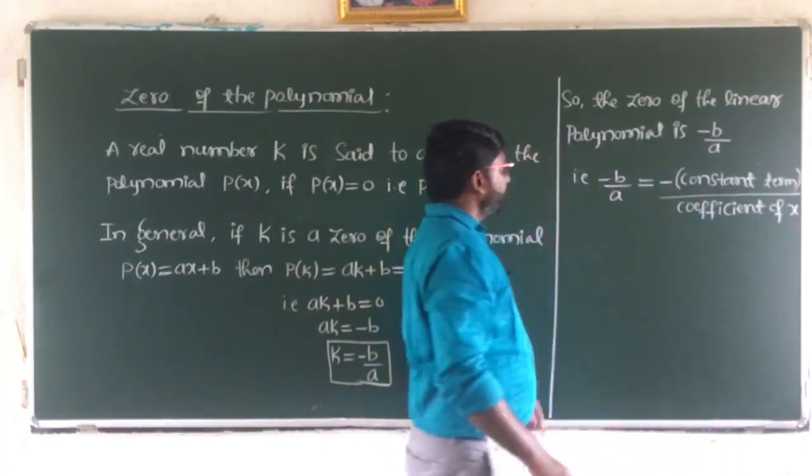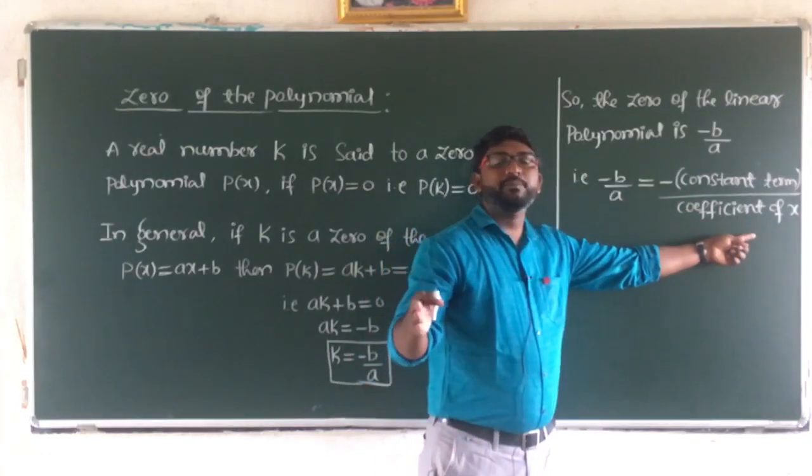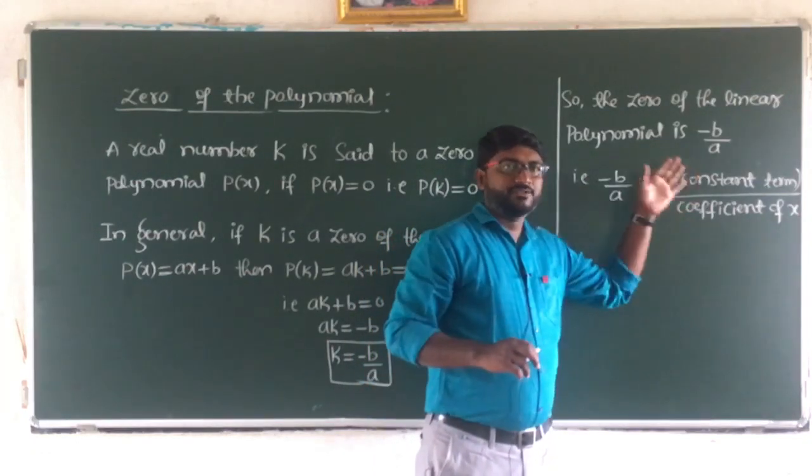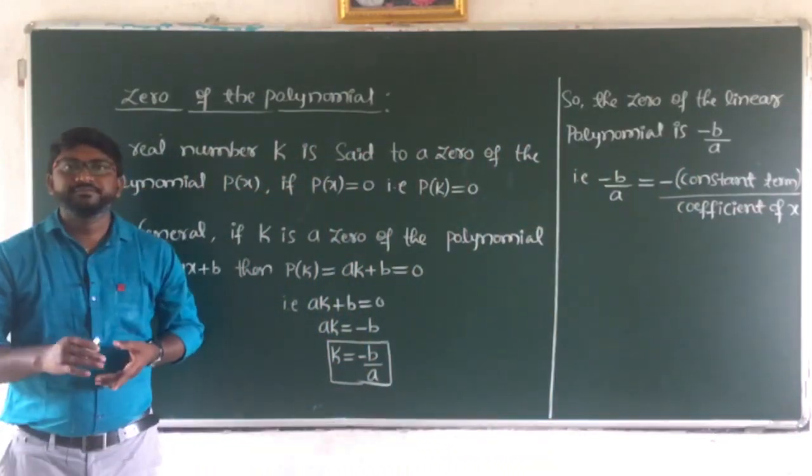So, the zero of the polynomial is related to its coefficients. This is all about the zero of the polynomial.